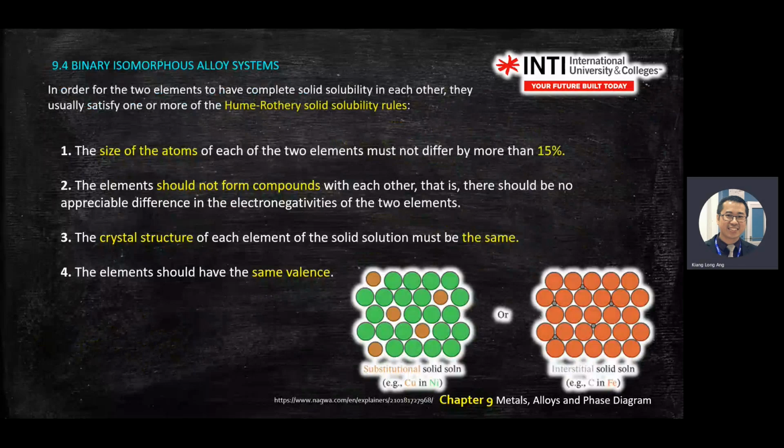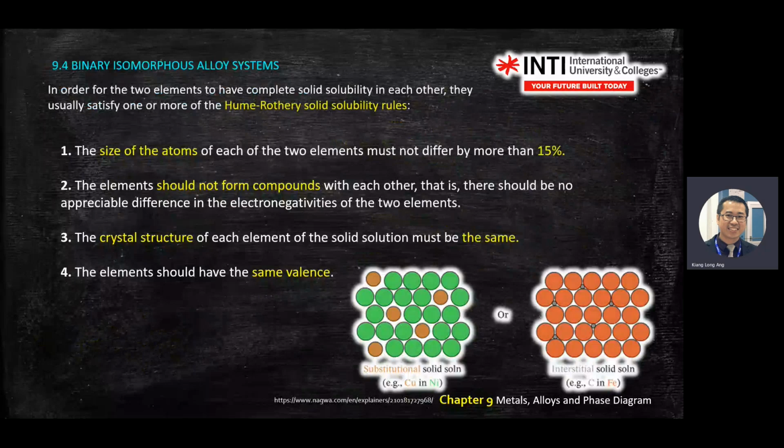And the elements should not form a compound, meaning they cannot dissolve in each other. For example, NaCl cannot be used. NaCl has charges, so it cannot. So it cannot form a compound. So for alloys, you don't choose highly reactive metals because they will exchange electrons. For example, this one is copper in nickel, still okay.